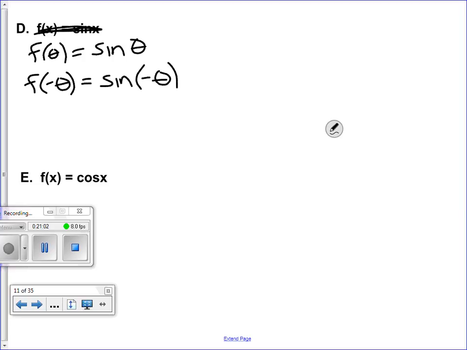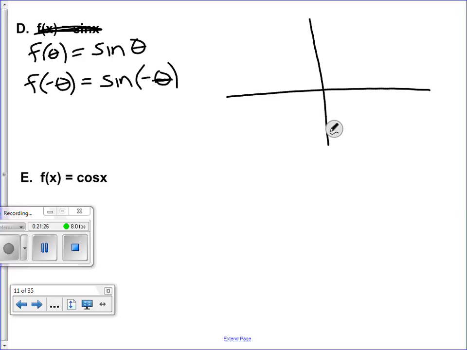But sine of negative theta, that's a little bit tricky. It's not just an exponent. So that's why I want to go visit our old friend, the unit circle. He's back. I'm trying to see what is the connection. I'm trying to compare sine of negative theta to sine of theta.